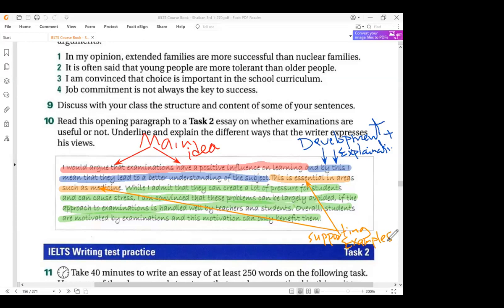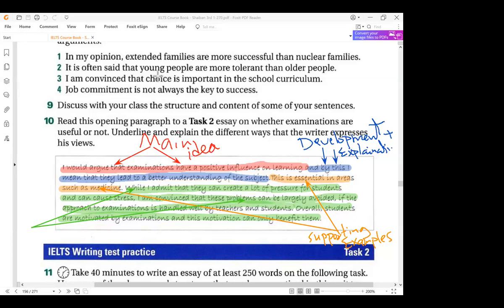Okay. I want now, as you can see here, I'm putting the arrows in here. You can see the main idea. I would argue that examinations have a positive influence.